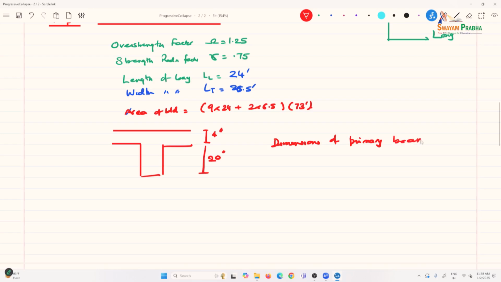So this is for self weight purposes. So, we start with our second step, which is to calculate the dead and live loads.